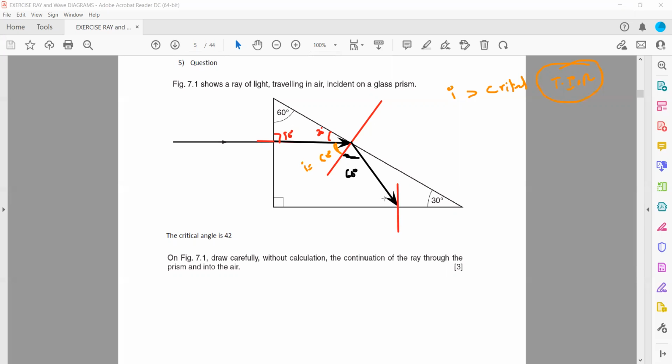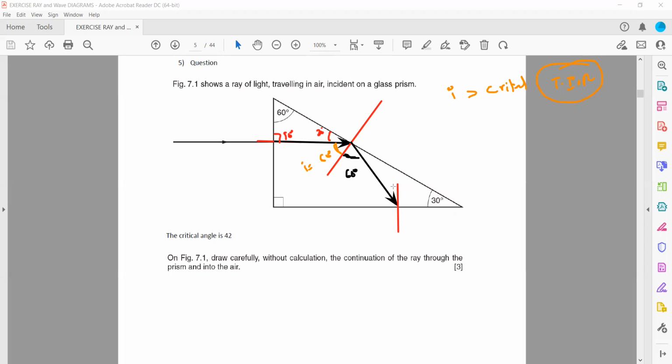Whenever the rays strike a boundary, air to glass, air to water, whenever it strikes a boundary, we always draw a normal. Now that we have drawn a normal here, this angle appears to be smaller. The angle of incidence is between the normal and the incident ray. This appears to be less than the critical angle.